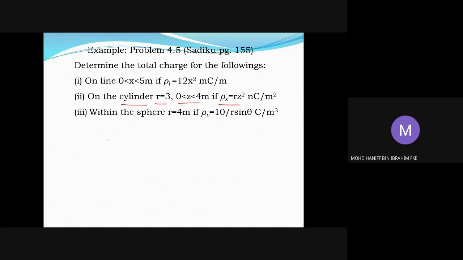For a surface charge distribution, dq should be equal to rho s ds. This is the charge element for the surface charge structure. But the issue now is which surface ds we need to choose.